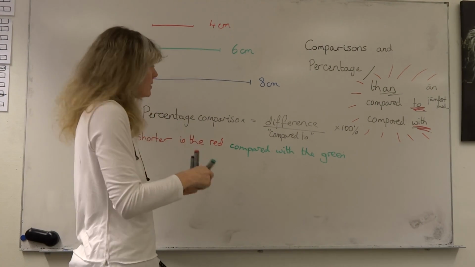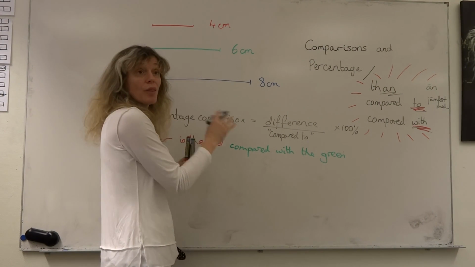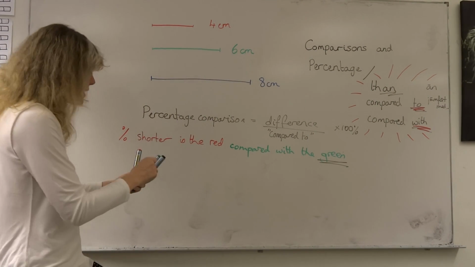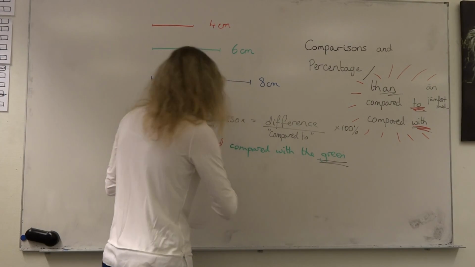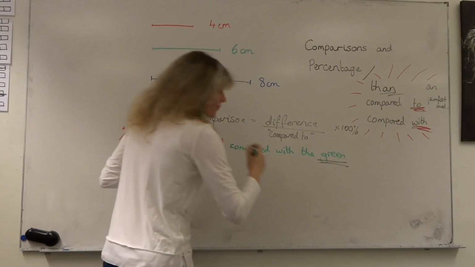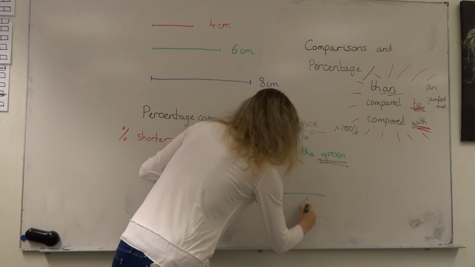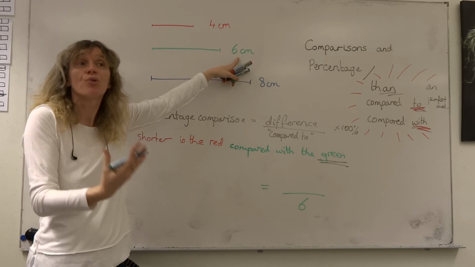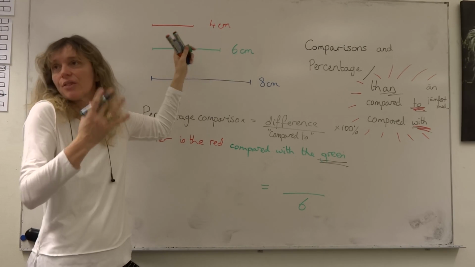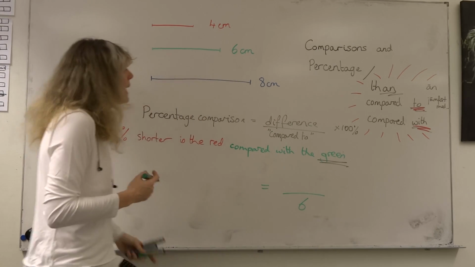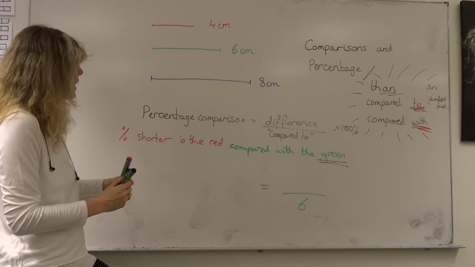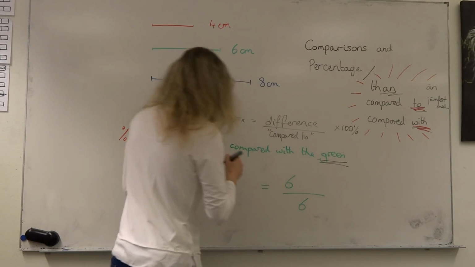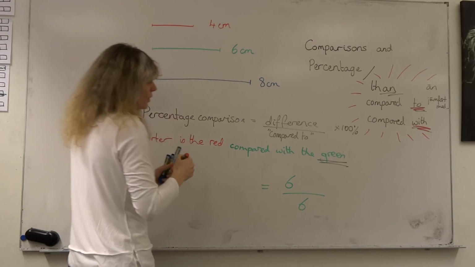The key here is compared with, the colour that comes after compared with is green. So I already know now what number is going to go on the bottom. It's going to be divided by 6 centimetres. The one that it says compared to, the length or the price or whatever it is about that green thing, goes on the bottom. Now I just need the difference between the length of the green, which I know is 6, minus the length of the red, which I know is 4.